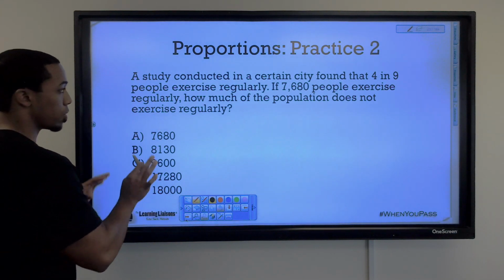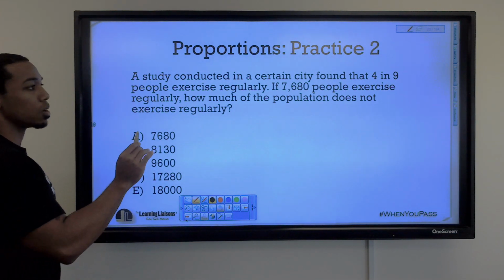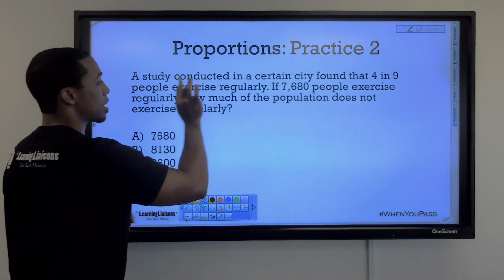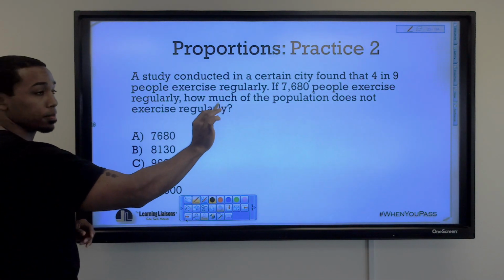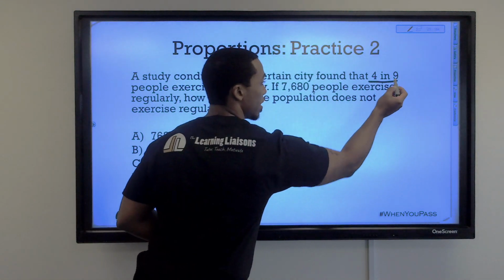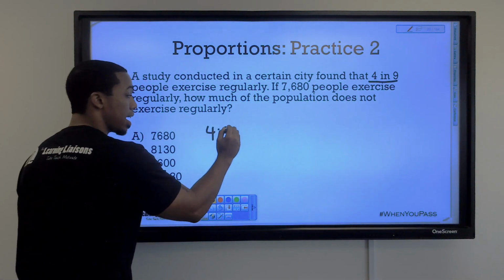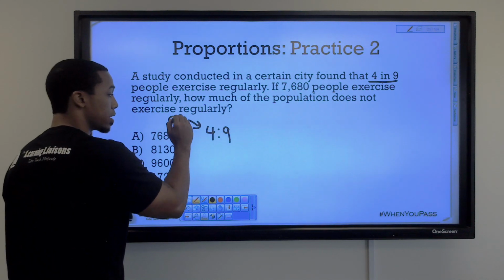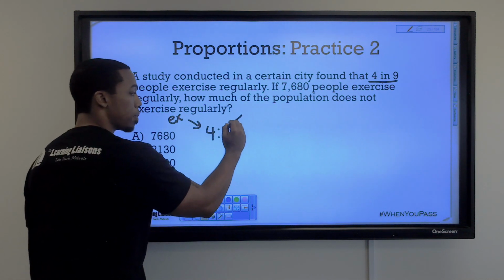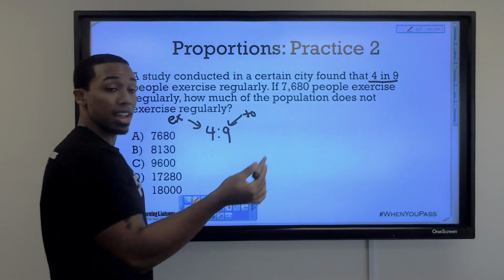First off, let me just keep it here for a second. So 4 in 9 people exercise regularly. 4 in 9. We can say that that's a ratio. We can say, hey, 4 to 9 represents exercise to the total population, because 4 out of 9.